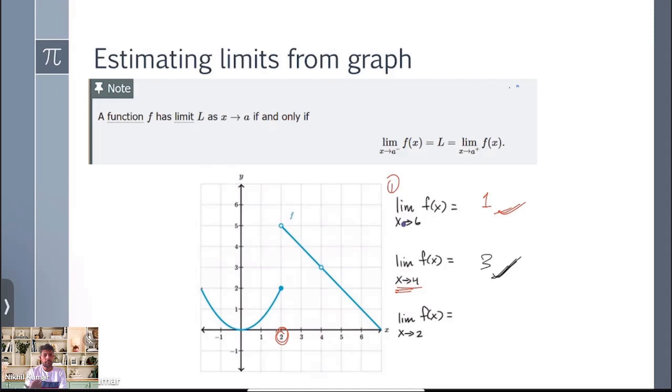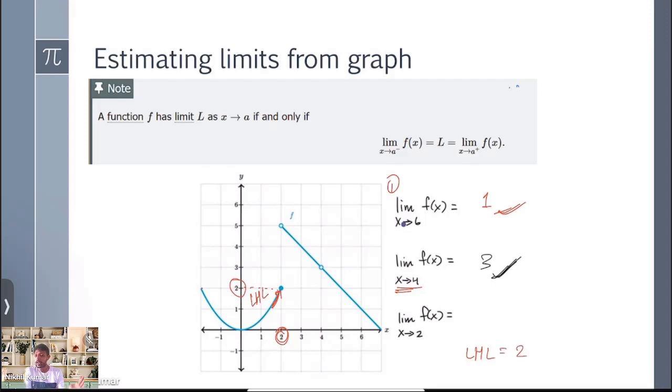One is from the left side, the other is from the right side. Now, if we try to approach this from the left hand side, I'll have to walk along this line. This will give you the left hand limit. Can you tell me what is the left hand limit? We can see that the left hand limit is 2.